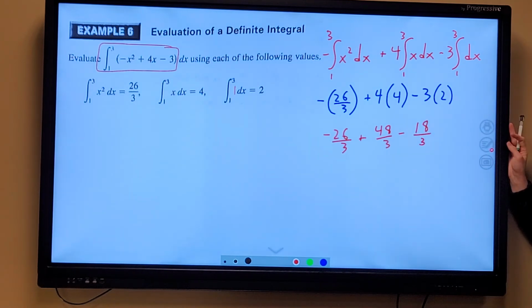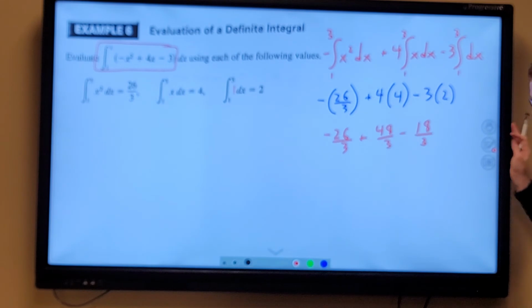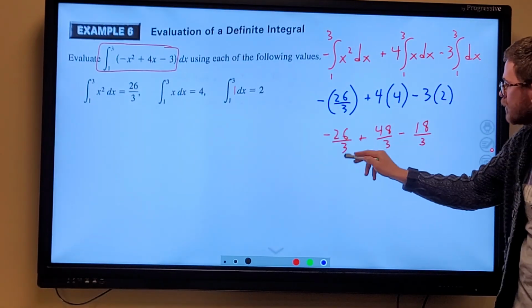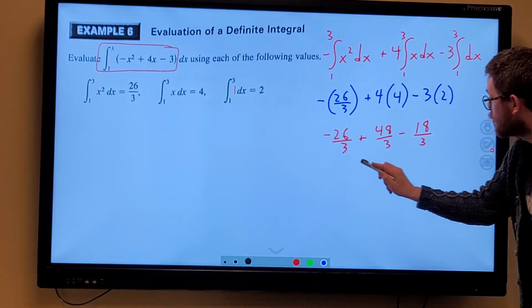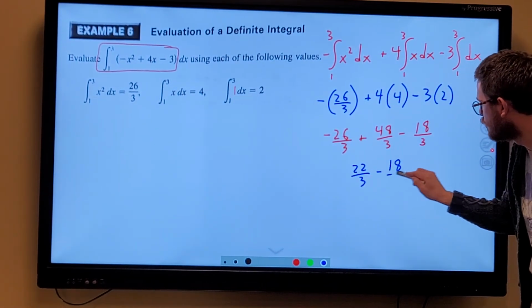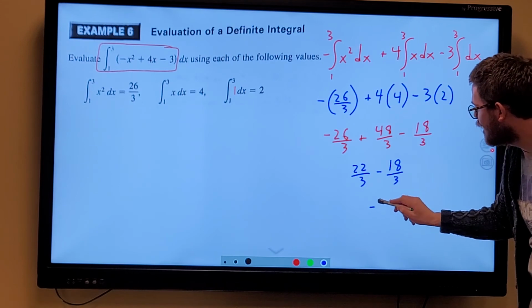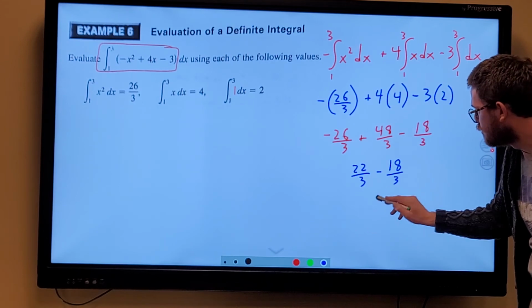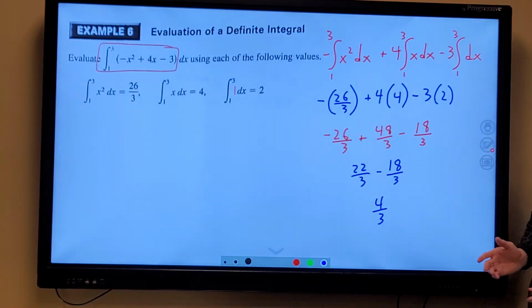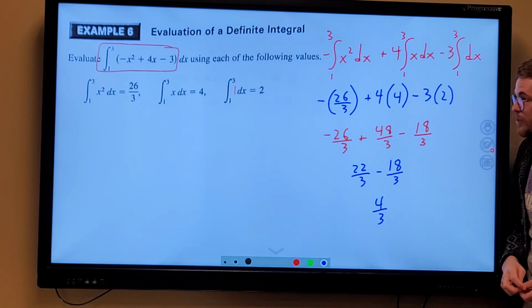So I'm just combining into one. Negative 26 over 3 plus 48 over 3 is a positive 22 over 3 minus 18 over 3 gives us a positive 4 over 3. So unless I made some egregious mistake throughout here, that should be it.